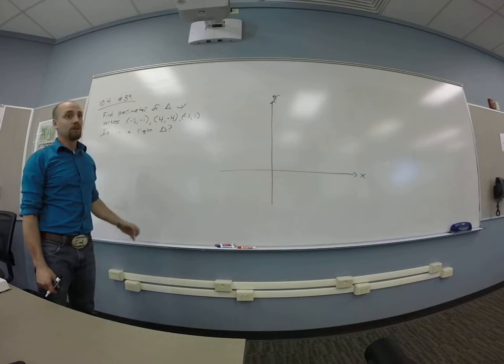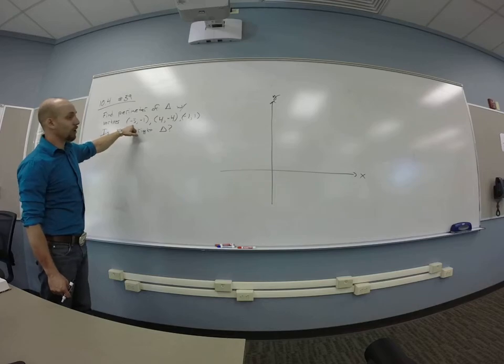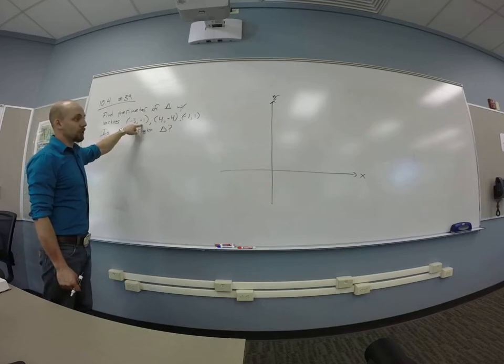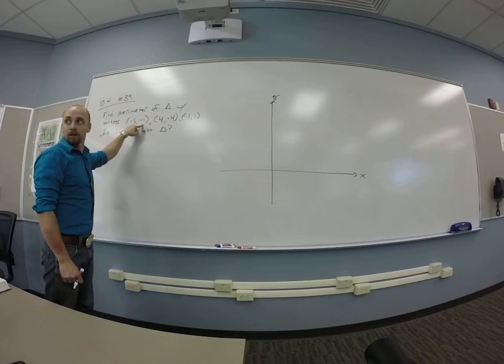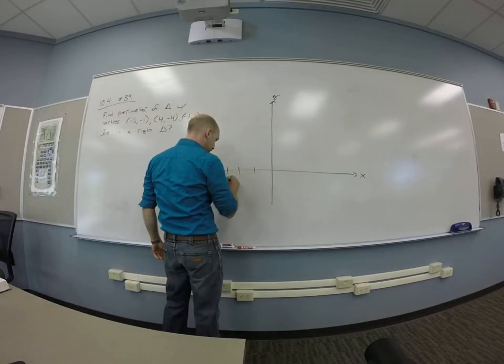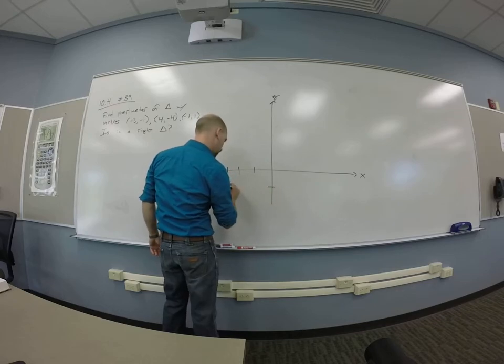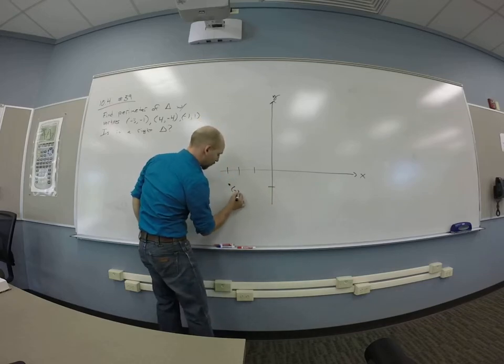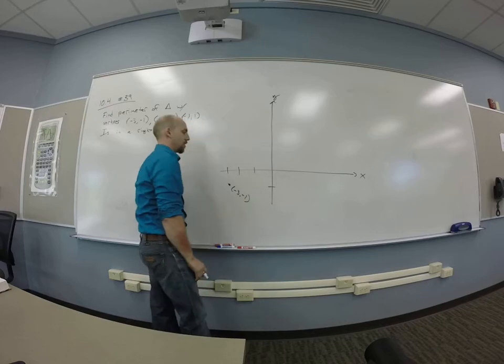So let's see, what's (-3, -1) look like on the picture? To the left 3, 1 down. So we go 1, 2, 3, 1 down. Okay, there's my point, (-3, -1).